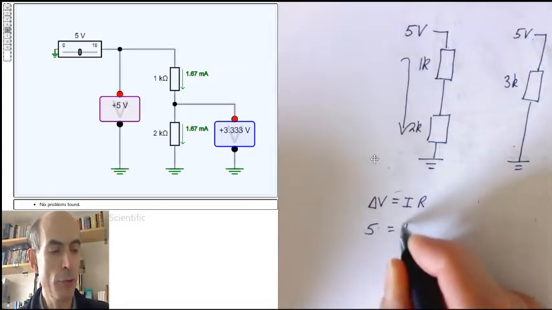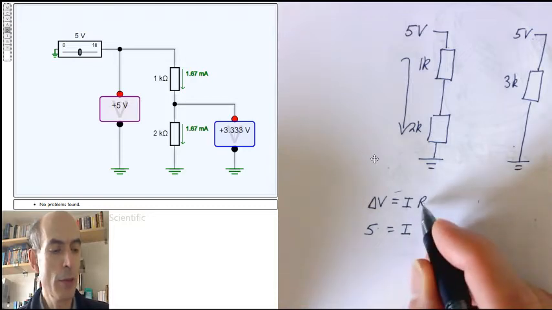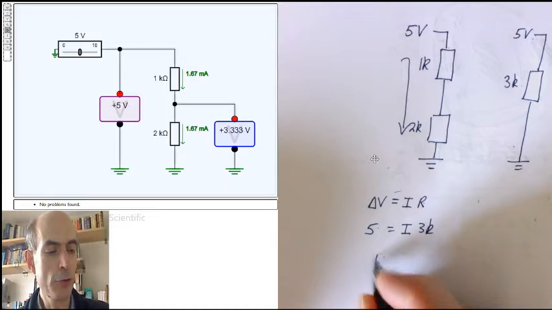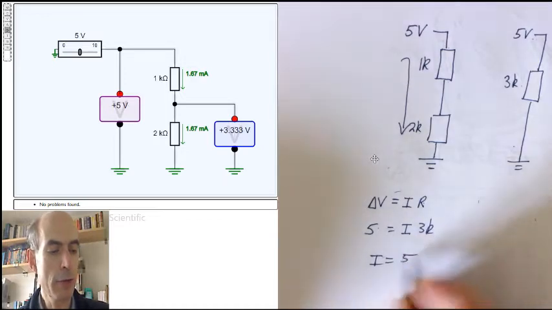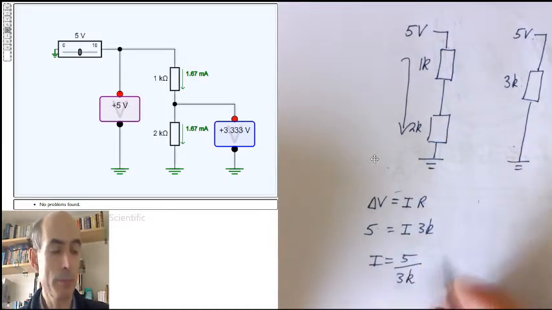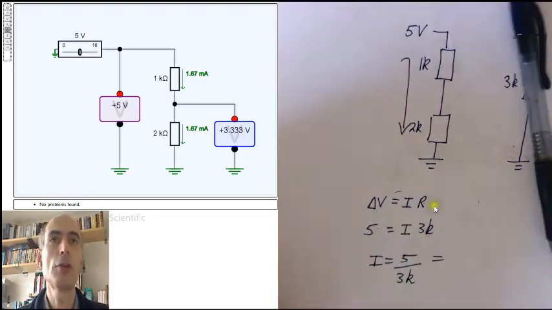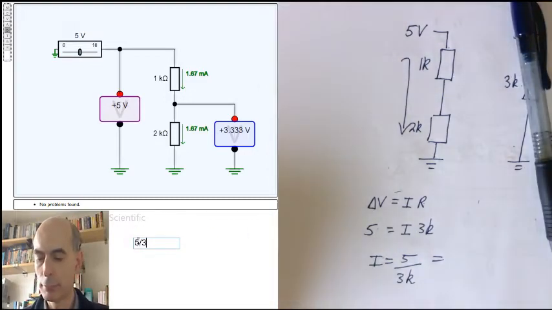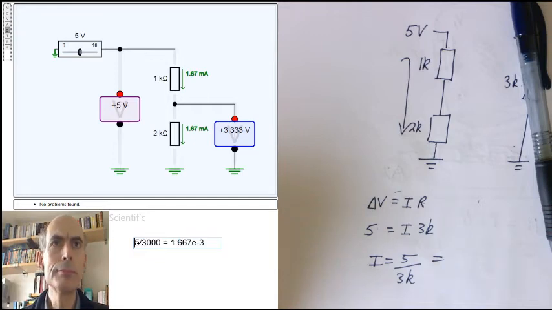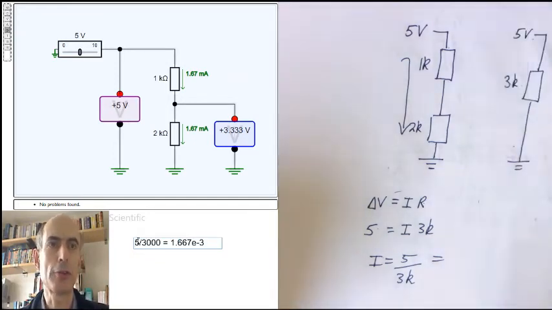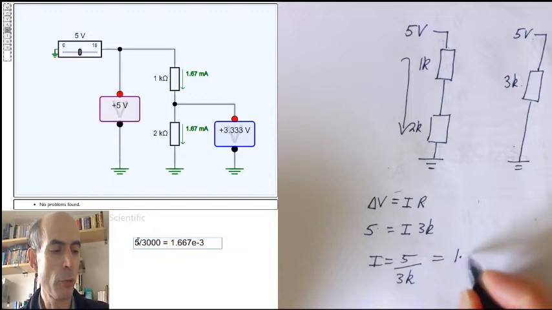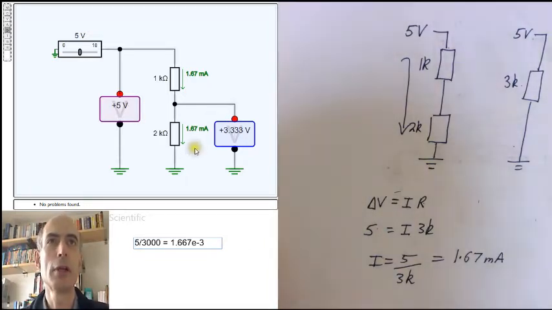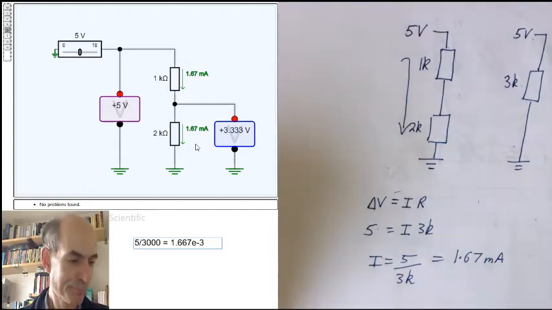The current through the resistor, we don't know. The resistance is 3K. So the current must be 5 divided by 3K, which is 1.667, or about 1.67 milliamps, as the simulator has worked out already.